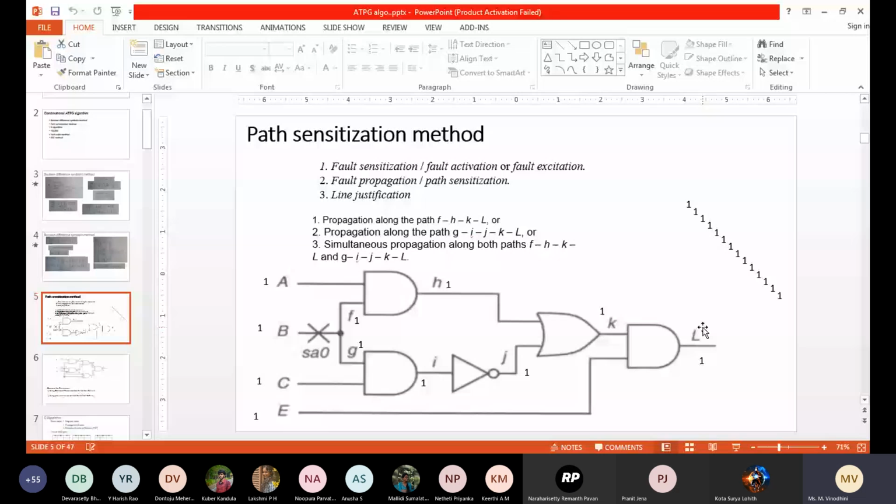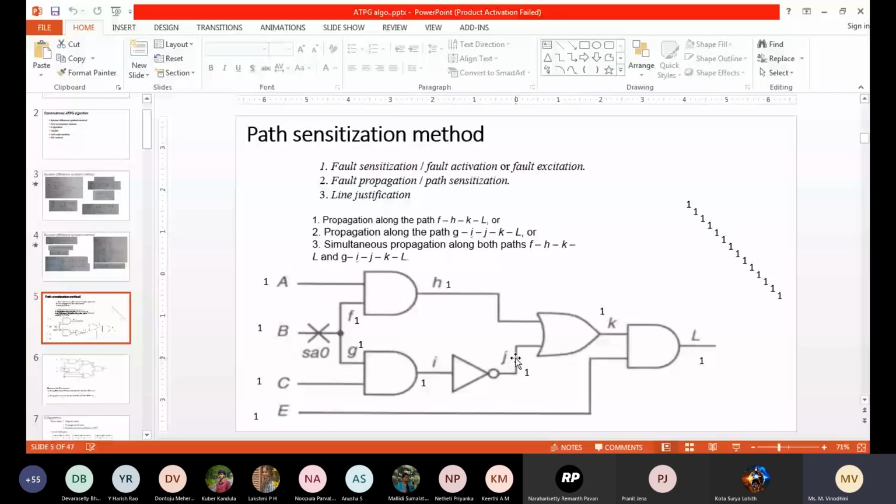If it is at E, only one. The fault can be anywhere in this algorithm. If it is present at J, only one path.